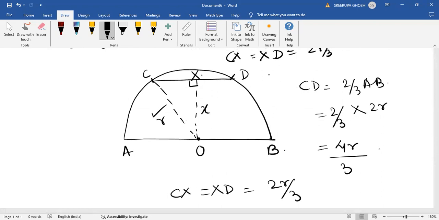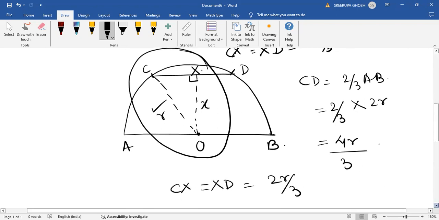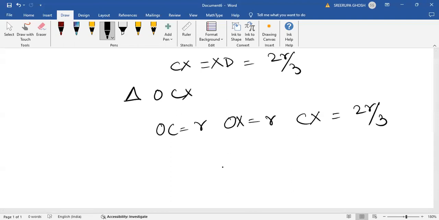Yes or no? Perfect. So now we can apply Pythagoras theorem over here. This is a right angle triangle.